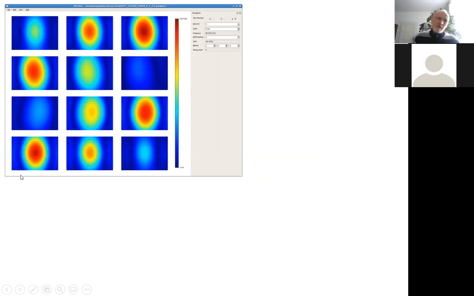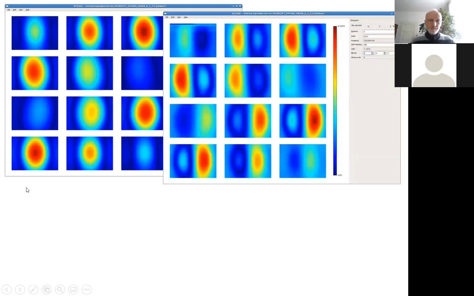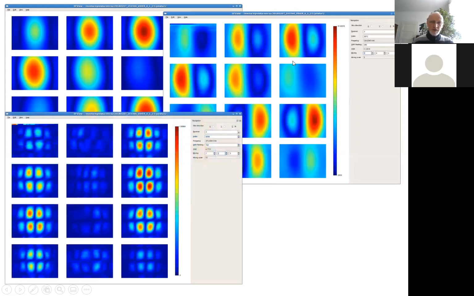So the data which the calibration produces usually contains files with gigabytes of data. Here are different images of different harmonics: first, third, fifth, and so on.